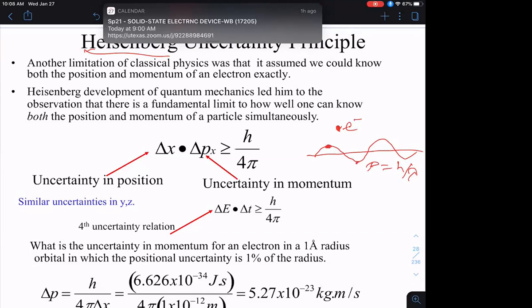If I square this, it has a high intensity of occurring over here because the intensity of a wave is amplitude squared, right? But on the other hand, the amplitude at this point of the wave is very, very small. So there's no intensity over here. So the question becomes, I now have some uncertainty, delta x, of the location of that particle, right?